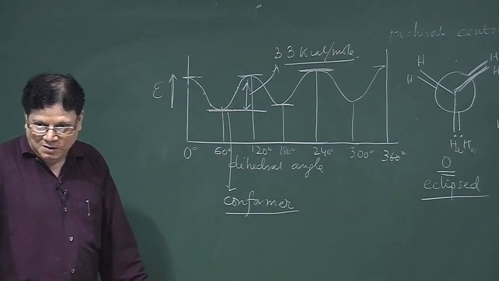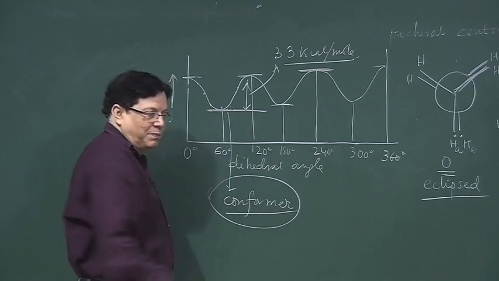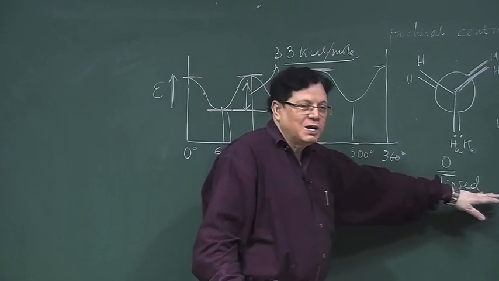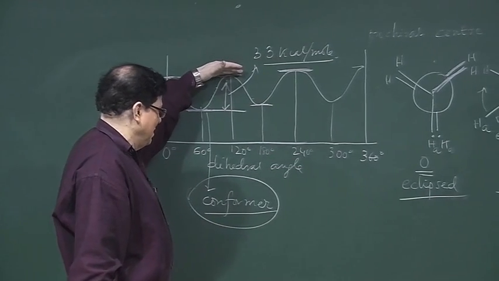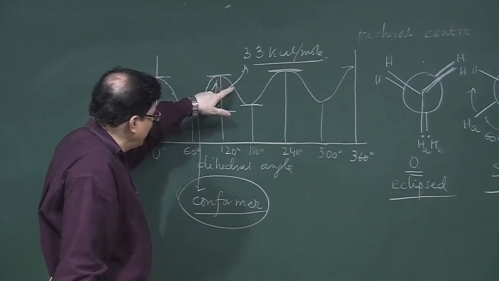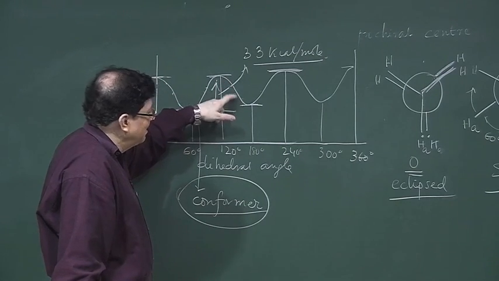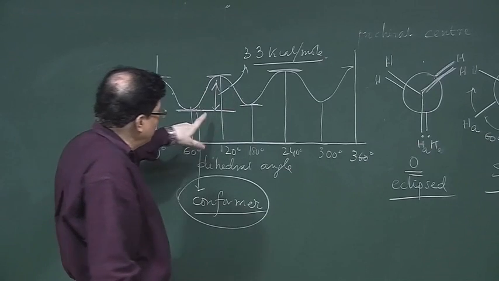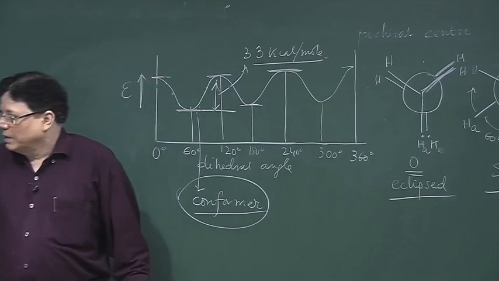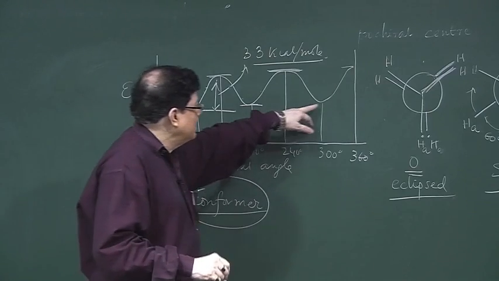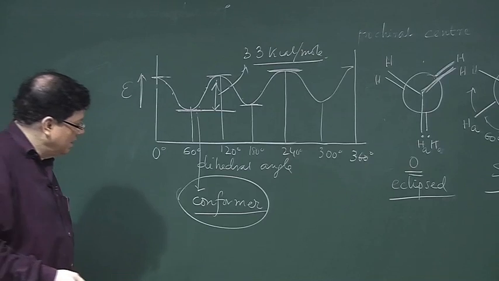The eclipsed form is not a conformer, because it lies in the maximum, nor are the ones which lie at these dots here. The conformers are only the ones lying in the energy minima.